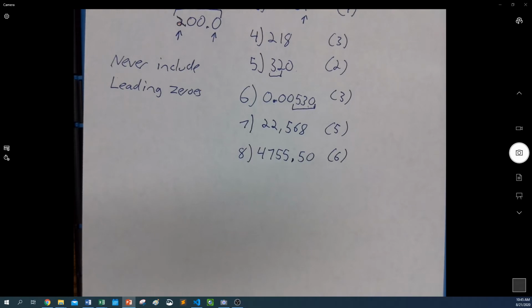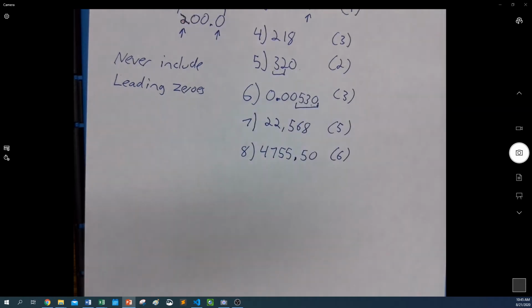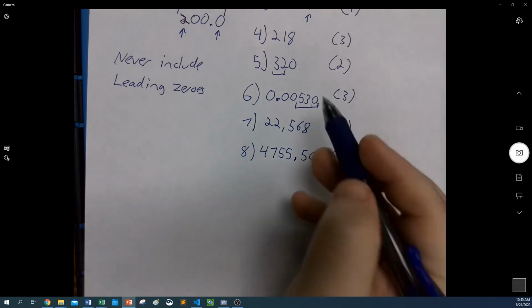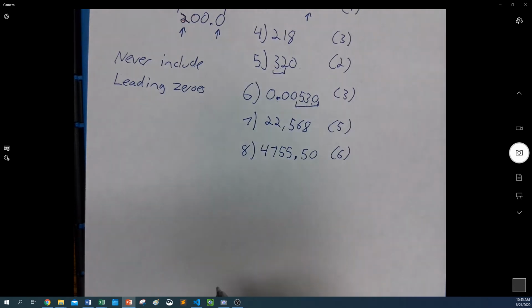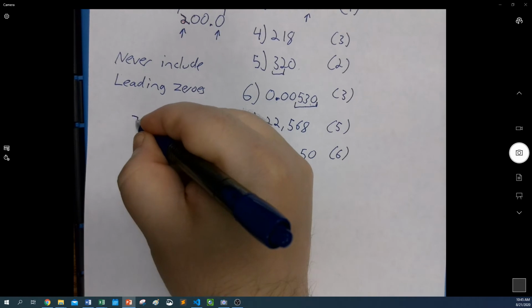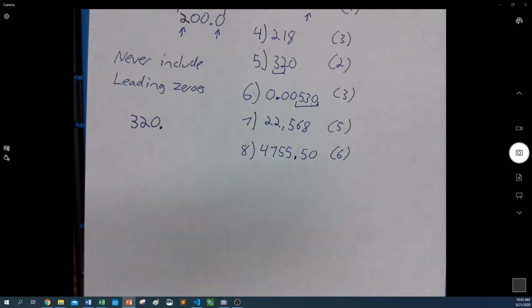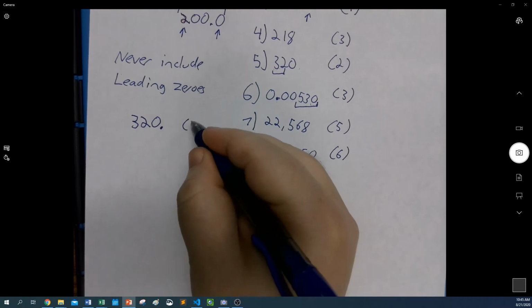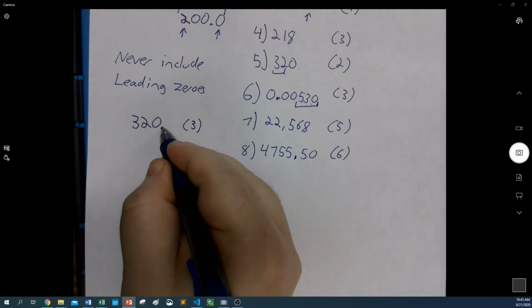Yeah, we don't include trailing zeros if they're before the decimal point. So if it's before the decimal point, or if the decimal point isn't there, you should never. I don't like doing this, but if I had done 320 dot, this would technically have 3 significant figures because there's a decimal point.